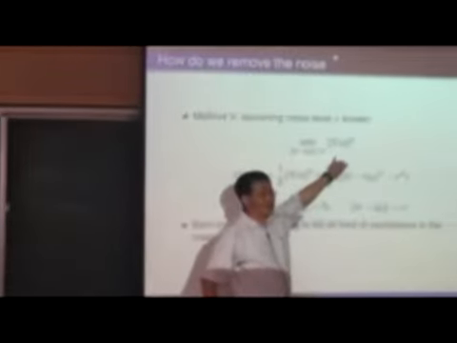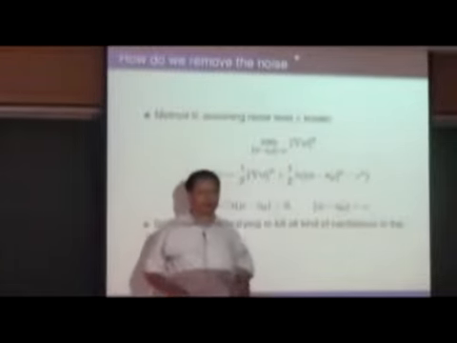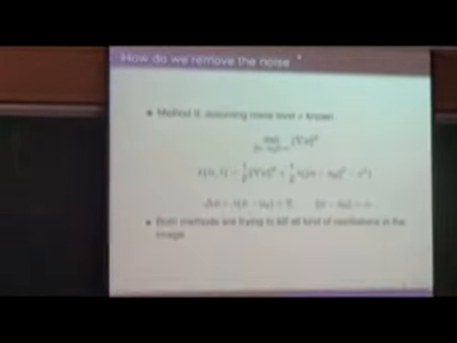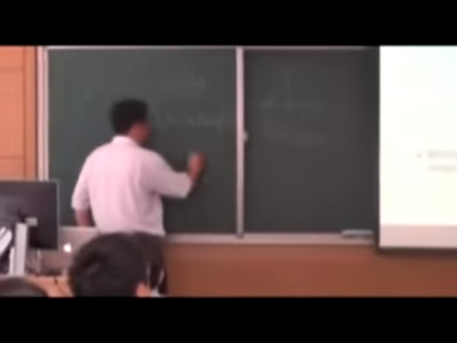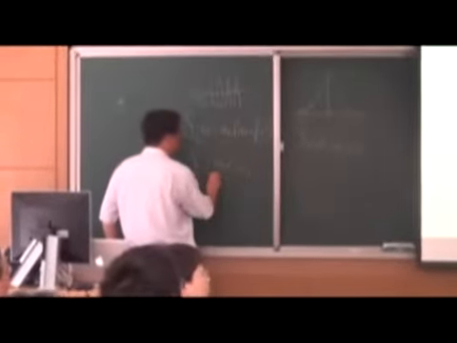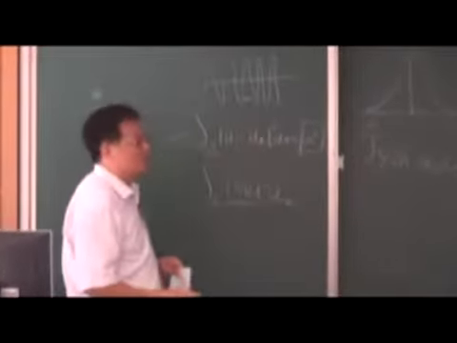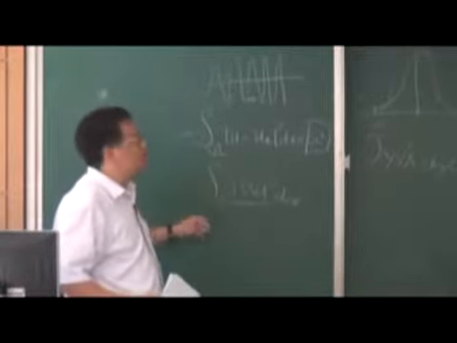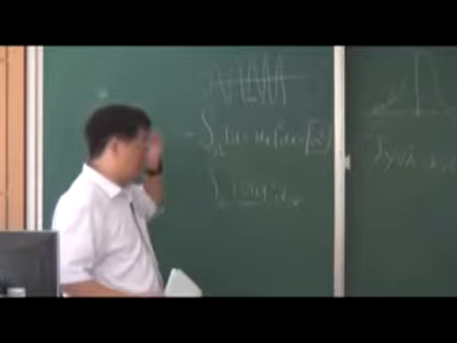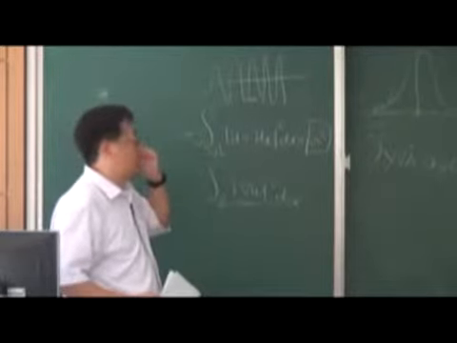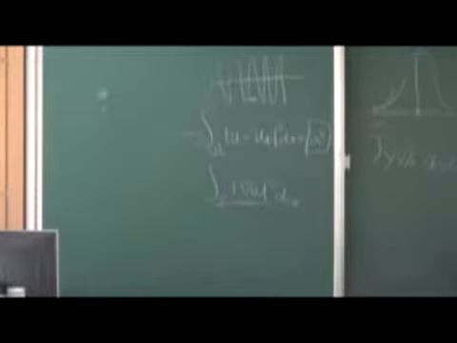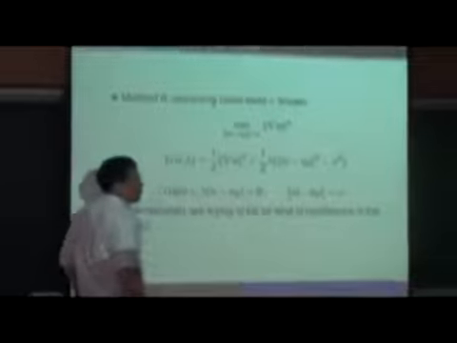For oscillatory functions, the gradient will be very, very high. So here this is the gradient. If it is a noisy image, the gradient will be very, very high, and for a normal signal, the gradient will be lower than for the noisy image. The true signal also satisfies this constraint.